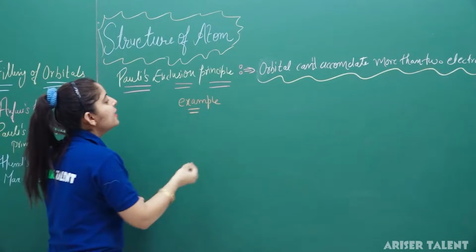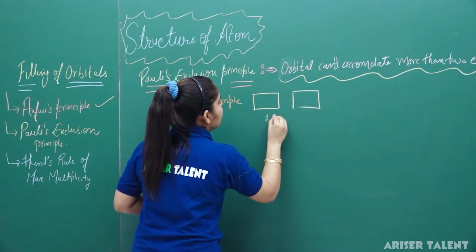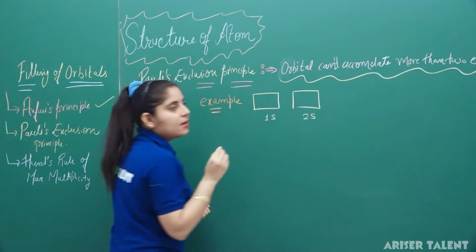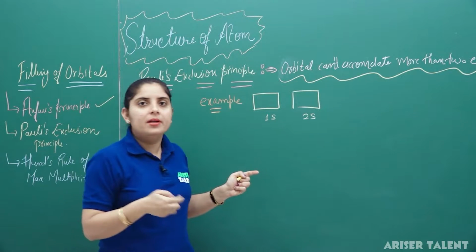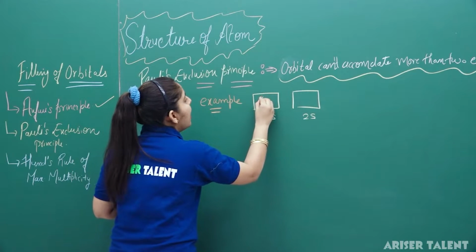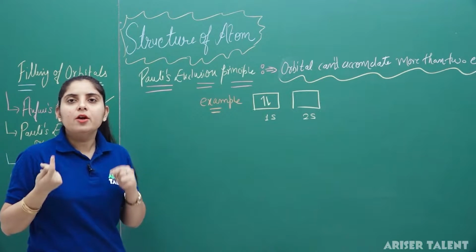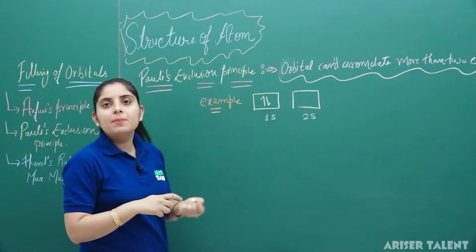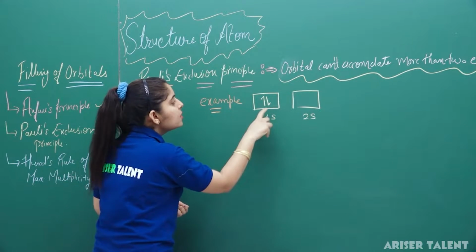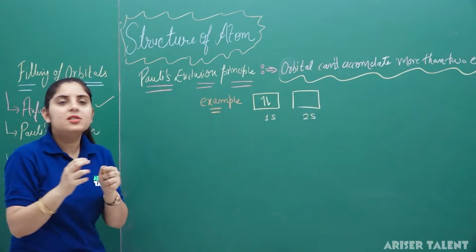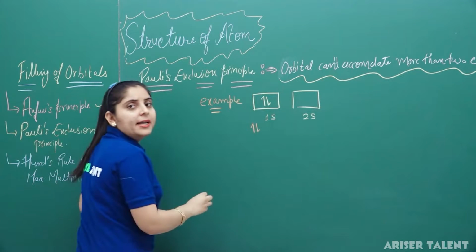Suppose we have orbitals 1s and 2s. Now, I want to fill the electrons in these orbitals. I have to fill a maximum of two electrons, and the two electrons must have opposite spin. Here, it contains two electrons, and both have opposite spin, that is, one in the clockwise direction and one in the anti-clockwise direction.